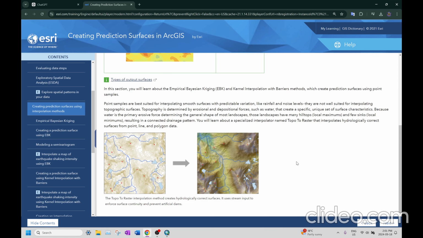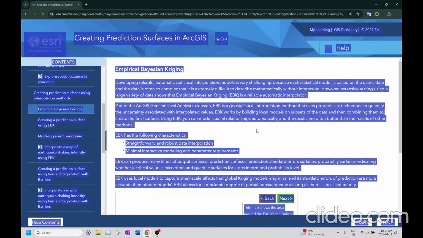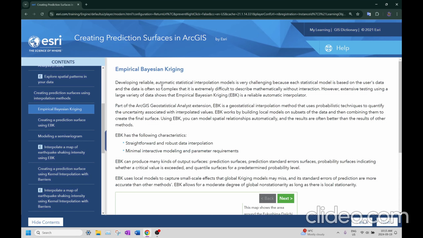So clearly, this is not deterministic because it takes into consideration the local variation. So that's EBK, one of the best methods as mentioned in this chapter. Straightforward, minimal interactive modeling, and primary requirements.